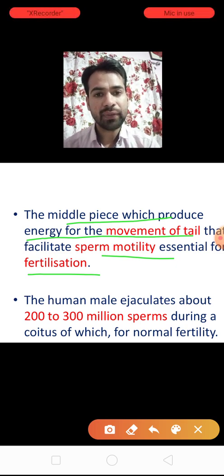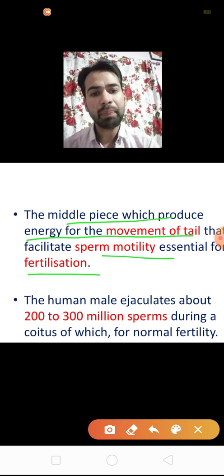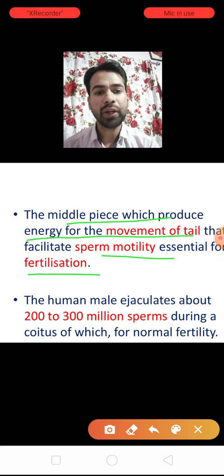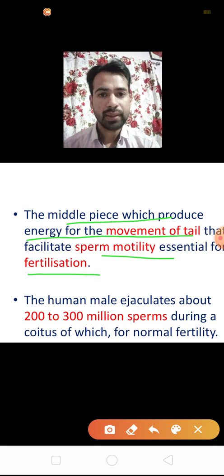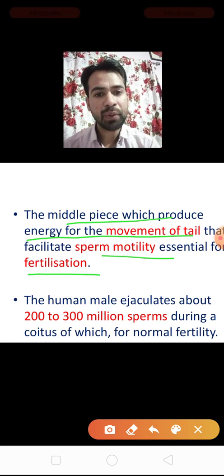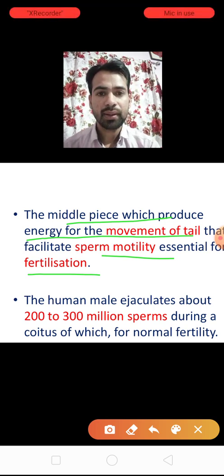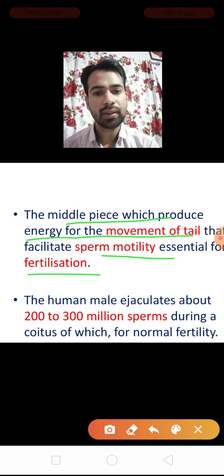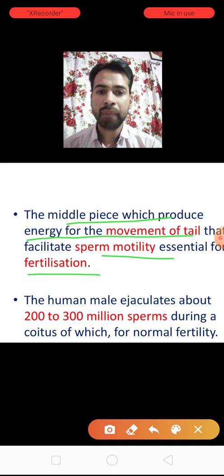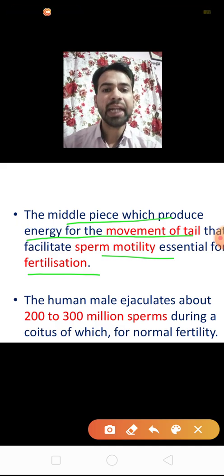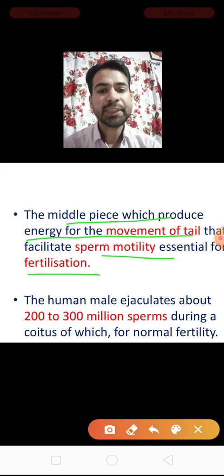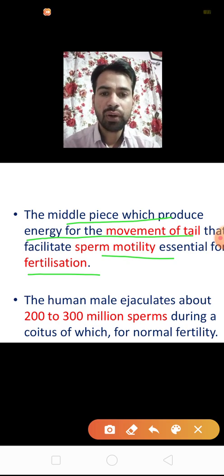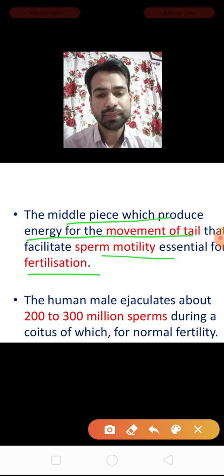So that is why we can say that the middle piece produces energy for the movement of the tail, that facilitates sperm motility, essential for fertilization.